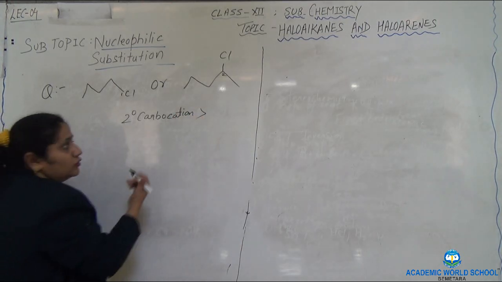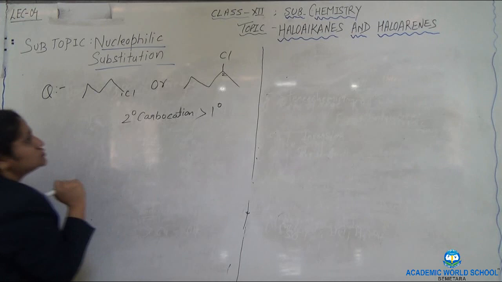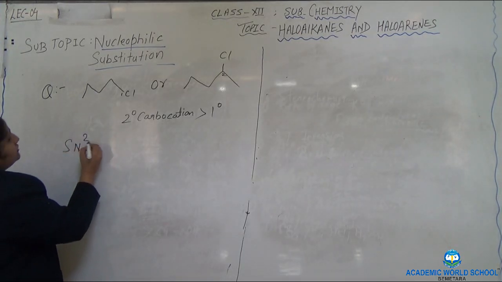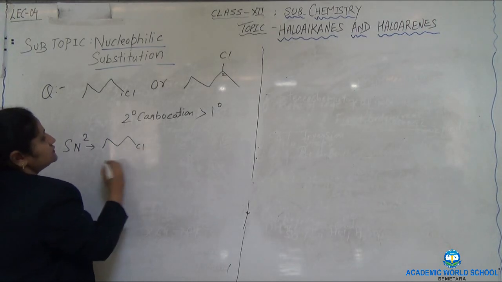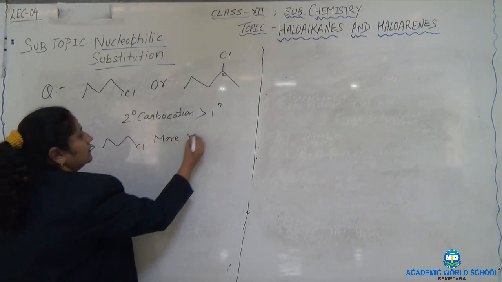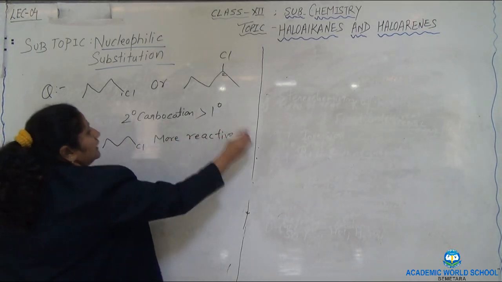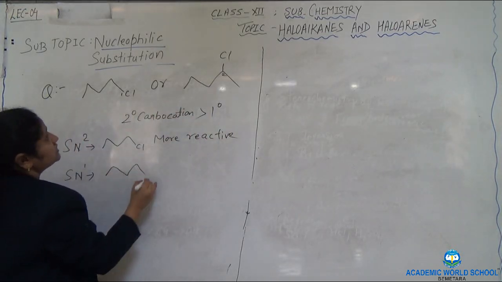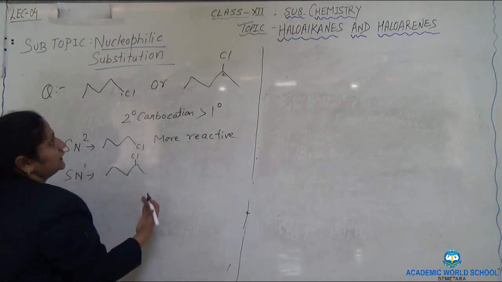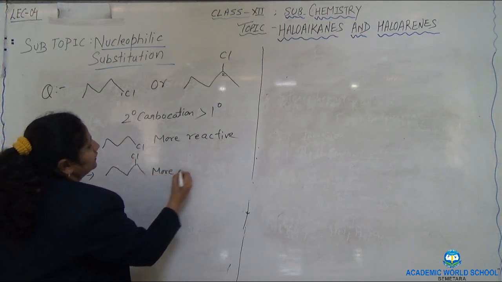Secondary carbocation is more reactive than that of 1 degree. So, in case of SN2, the first one will be more reactive, and in SN1, the second case, which contains the 2 degree carbocation, is more reactive.